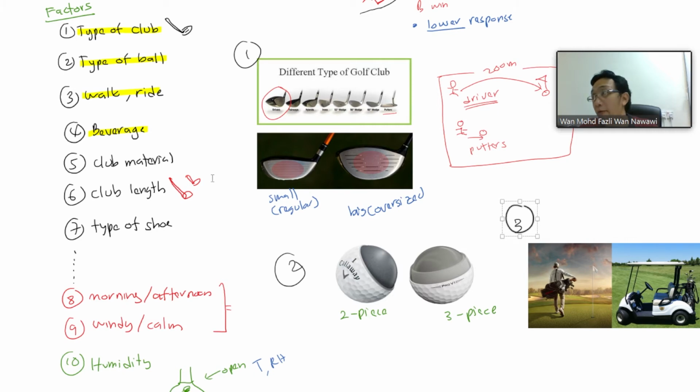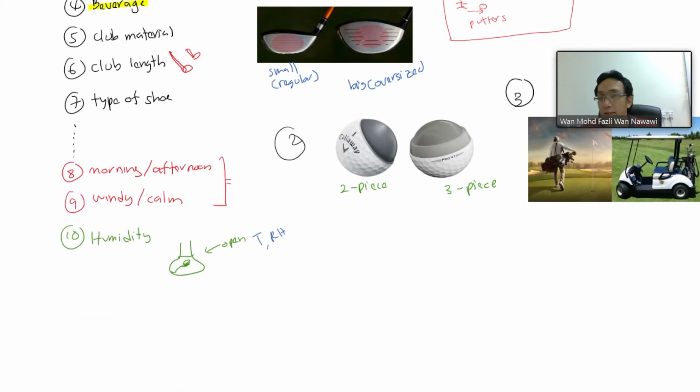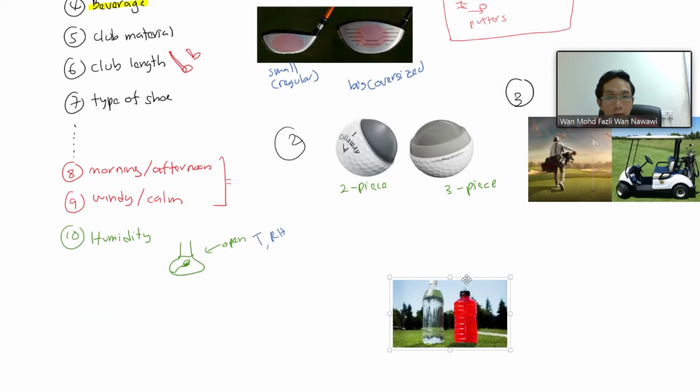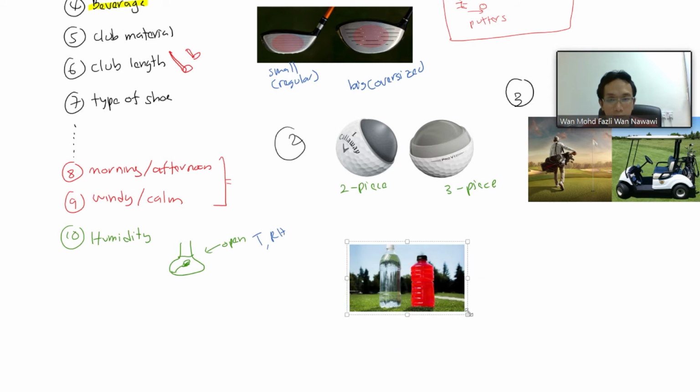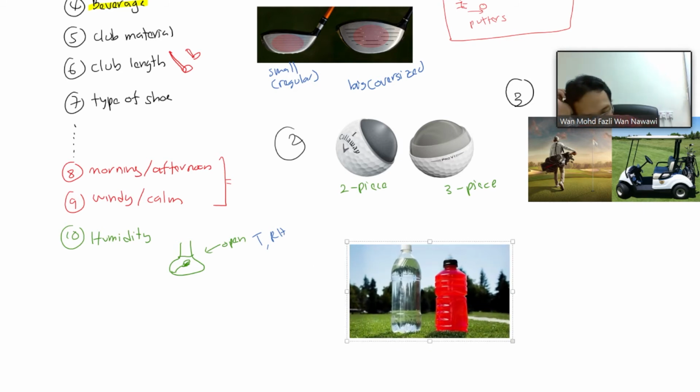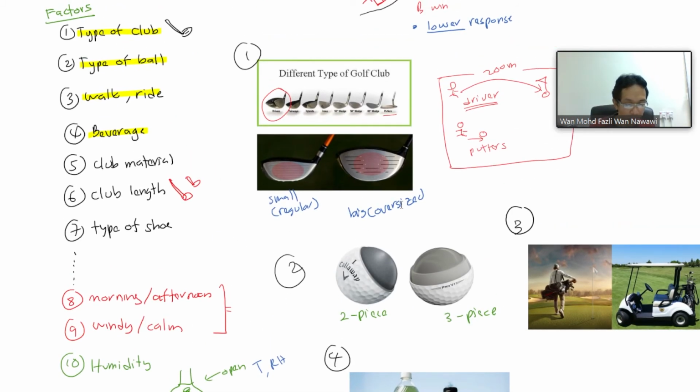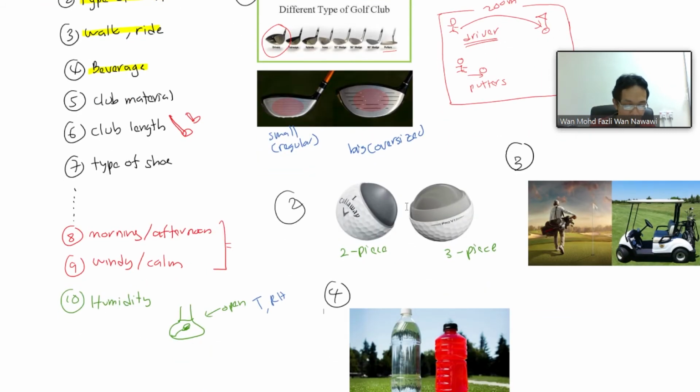And lastly, the beverage. This is number 4. So you want to check these 4 things: 1, 2, 3, 4. Either small or big driver, either 2-piece or 3-piece, the type of ball.